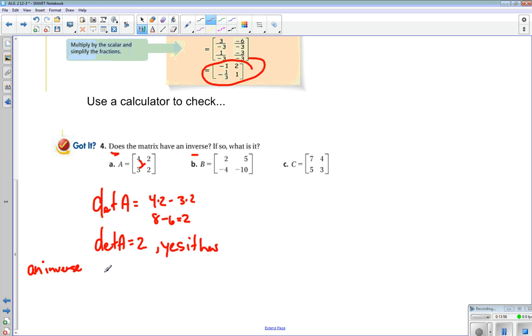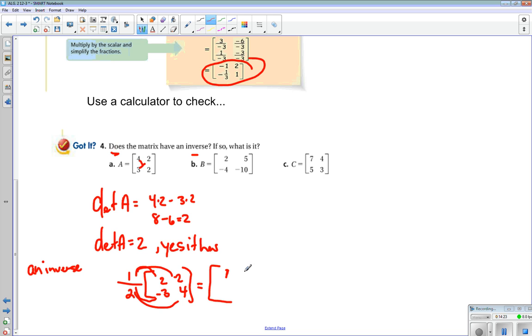And to calculate that, we go 1 over the determinant times, we're going to switch A and D, 2 and 4, and then we're going to leave these guys in place, but change their sign, and then everybody's going to get this 1/2. It's going to be great. So 1/2 times 2 is 1.